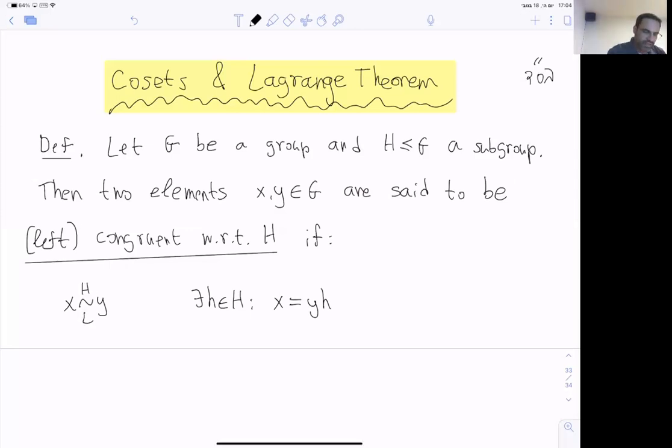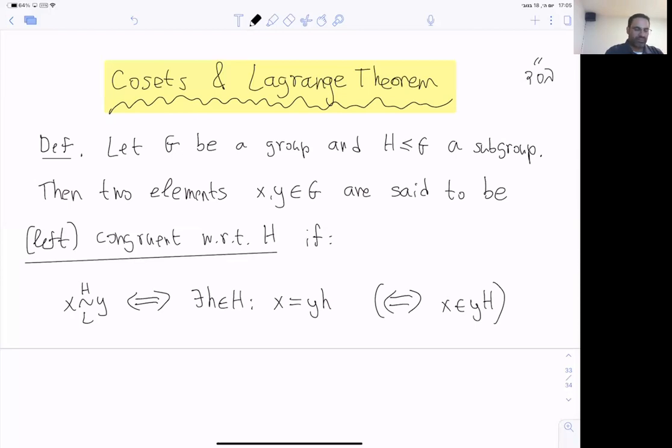So we say that X is left congruent to Y with respect to H if what differs them, I remind you that this is the operation, we don't know the operation, it doesn't matter, I mean, what differs between X and Y is an element of H, or in other words, X belongs to YH.